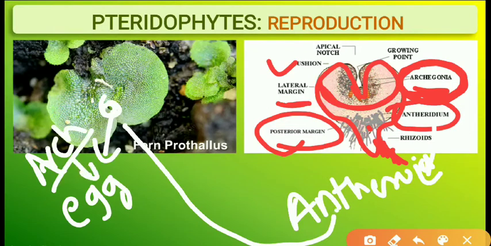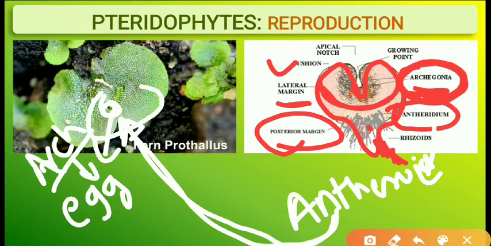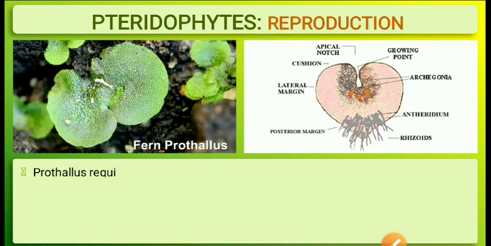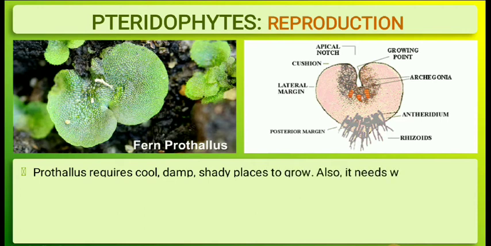So antherozoids go toward the egg because of a chemical secreted by the archegonium, which is present in this cushion-like part, and this movement is called chemotactic movement. Because of the chemical, the antherozoid goes toward the egg.